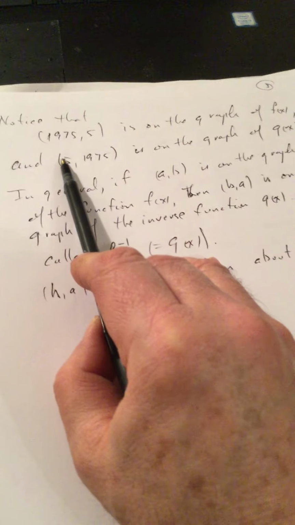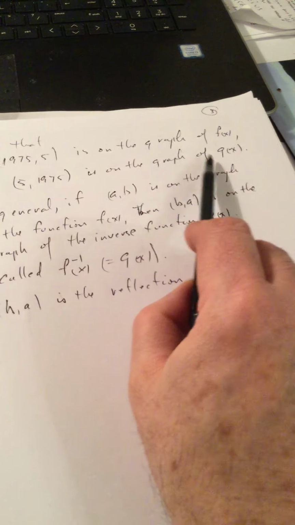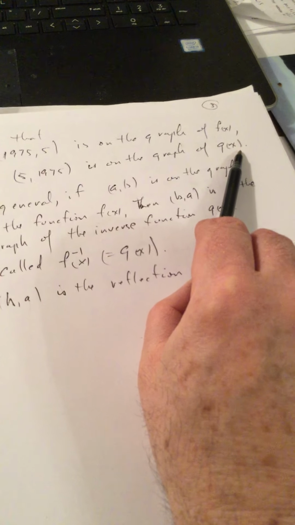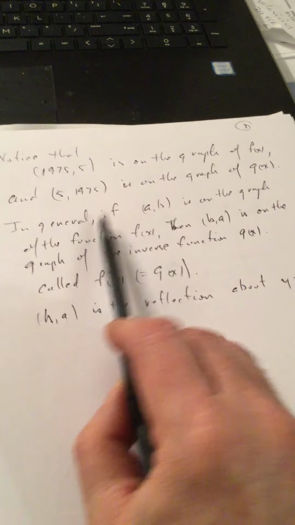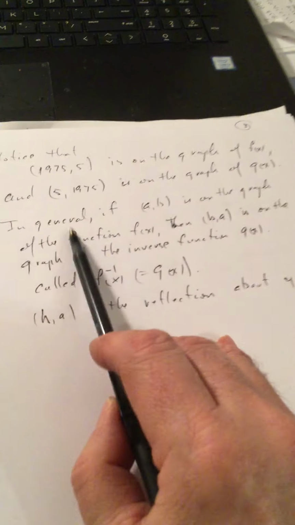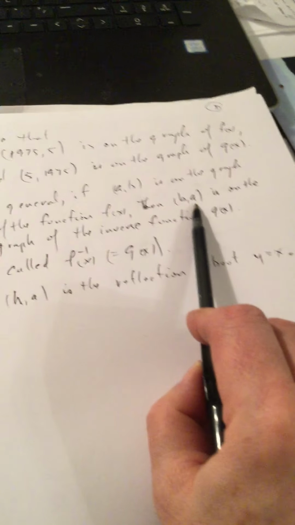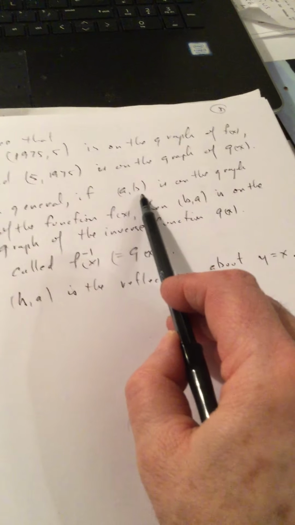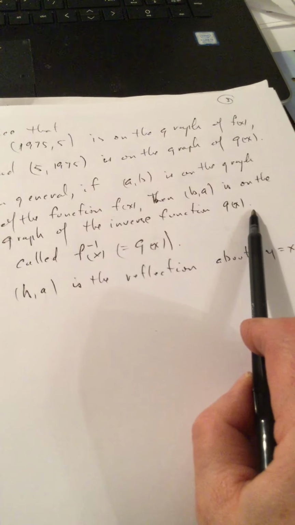And (5, 1975) is also on the graph of the inverse function g of x, because g evaluated at 5 is 1975. In general, if the point (a, b) is on the graph of the function f of x, then (b, a), just flipping the x and the y coordinate, is on the graph of the inverse function g of x.